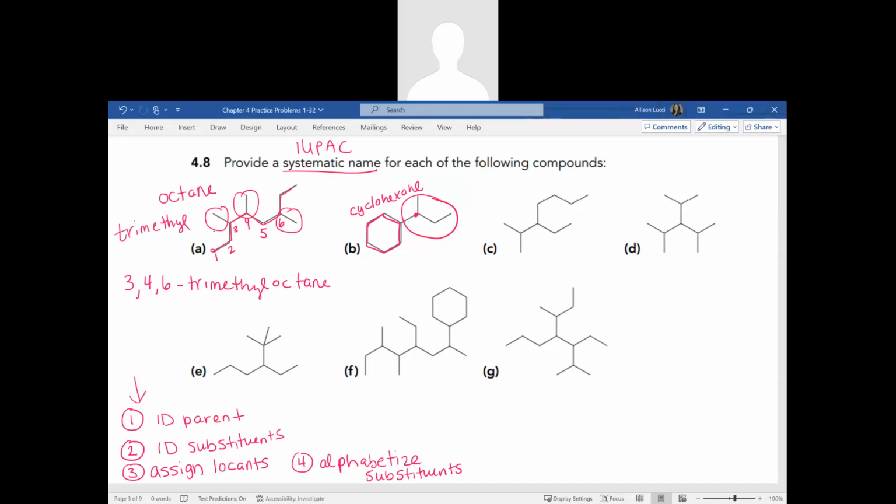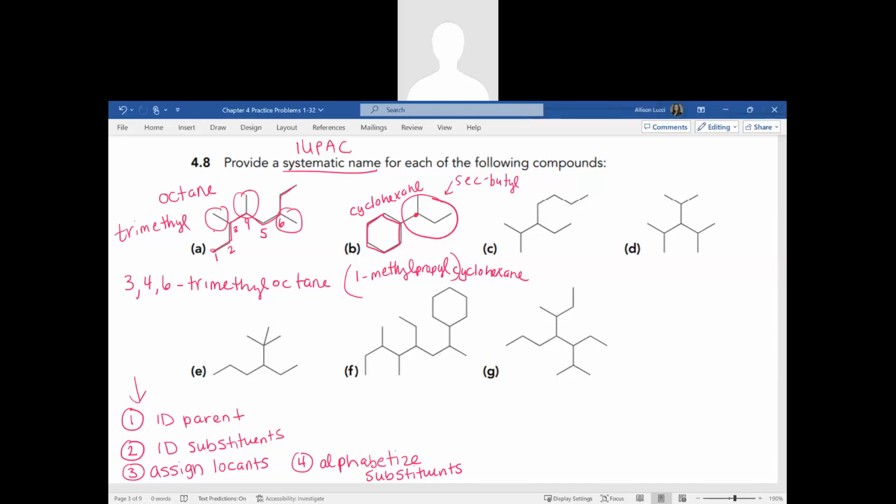The common nomenclature for this is a sec-butyl group. So we'll name this using only the IUPAC rules. So we would call this a 1-methylpropyl cyclohexane. Similarly, we could call it, instead of that, a sec-butyl cyclohexane.